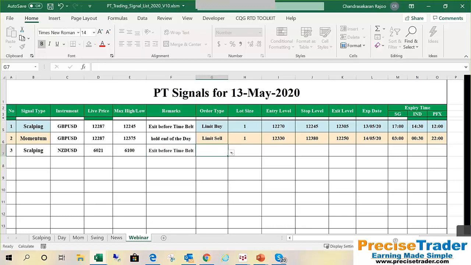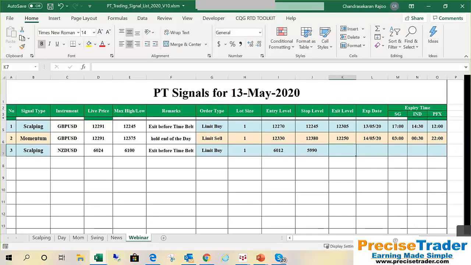Again, this is a limit buy, and we may want to enter at about 60.15, or maybe 60.12. Stop is 59.90, so it's about 22 pips risk.